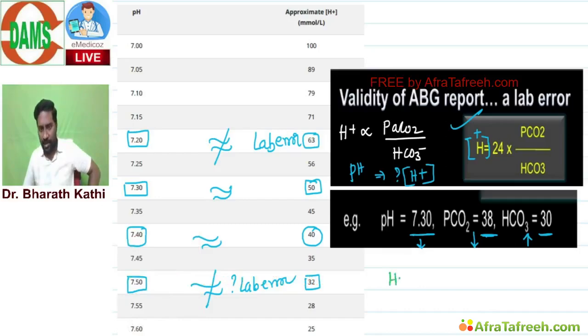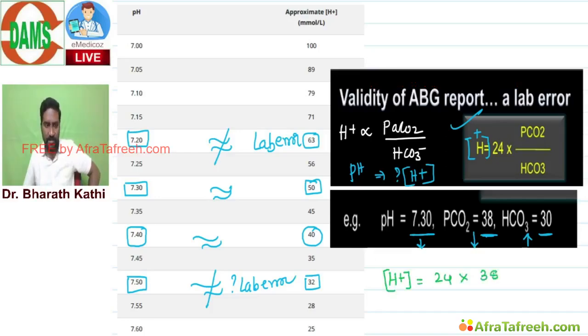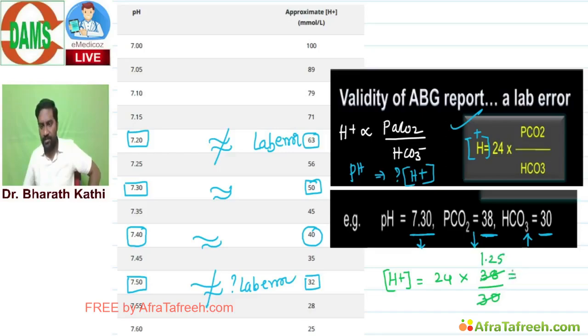So I am going to calculate what will be the H plus of this patient from this CO2 and bicarbonate. I am substituting 38 by 30. Now this will be roughly about 1.25, 30 by 38 by 30. And if you see here, the H plus concentration will be 30.